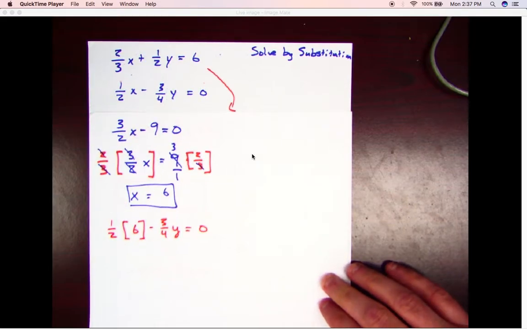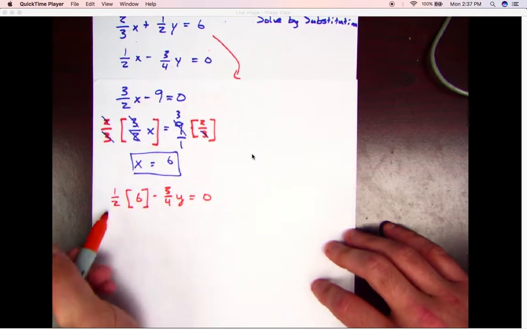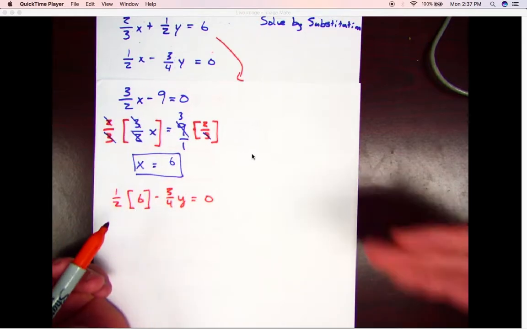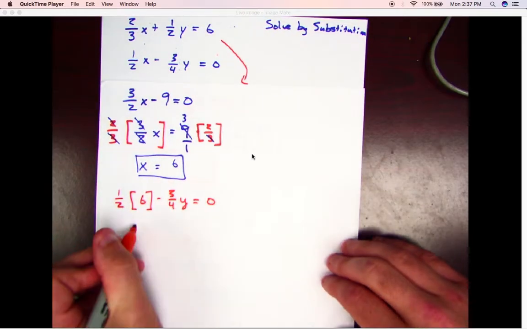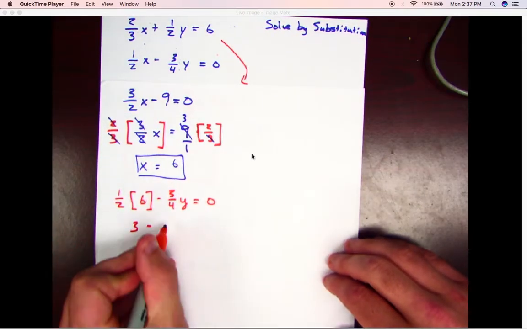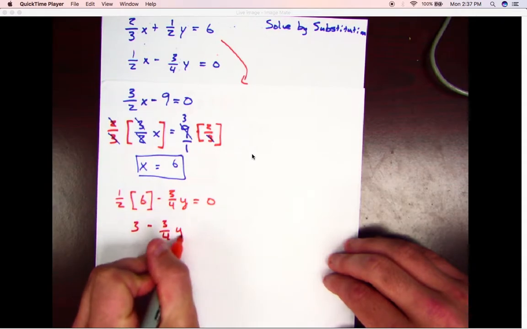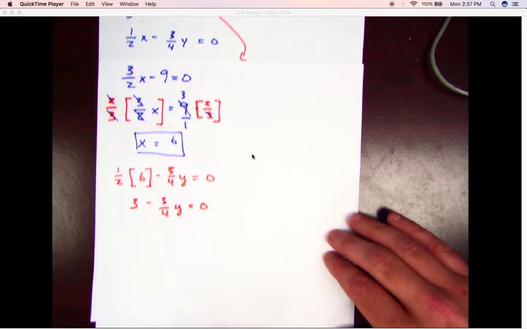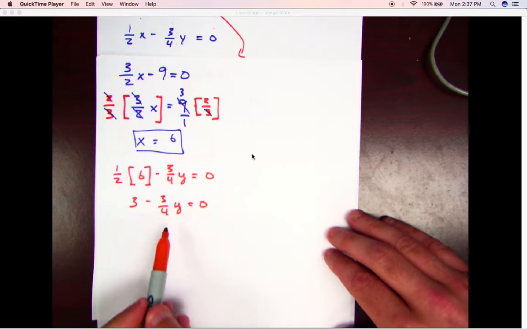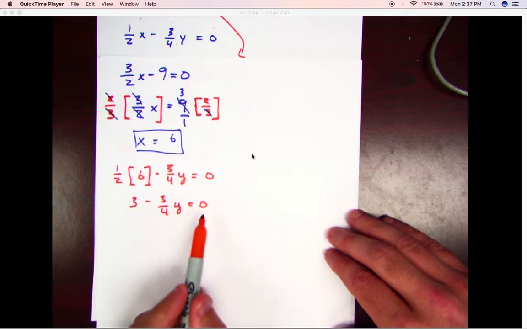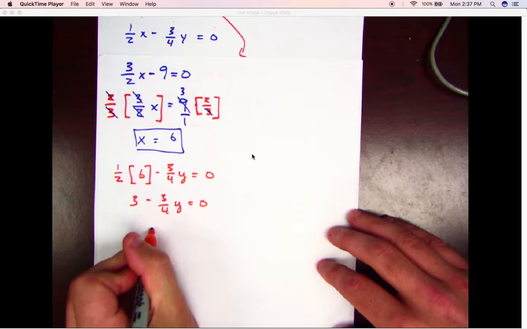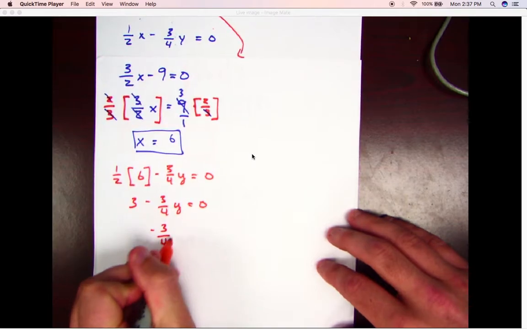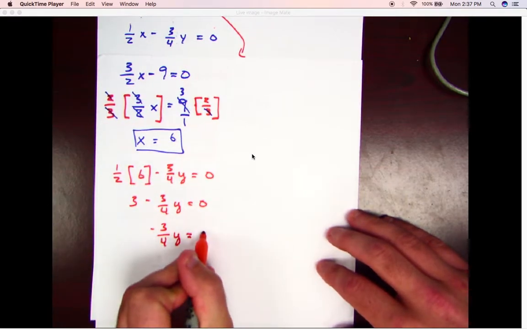So when I do my multiplication, 1/2 times 6, or half of 6, well, that gets me a 3, minus 3/4 y is equal to 0. So now to isolate the y value, I have to subtract 3 on both sides. So that would be a minus 3/4 y is equal to a negative 3.